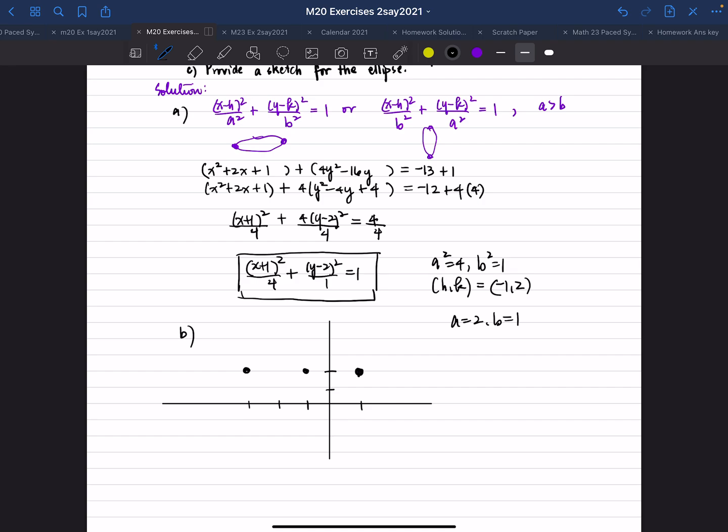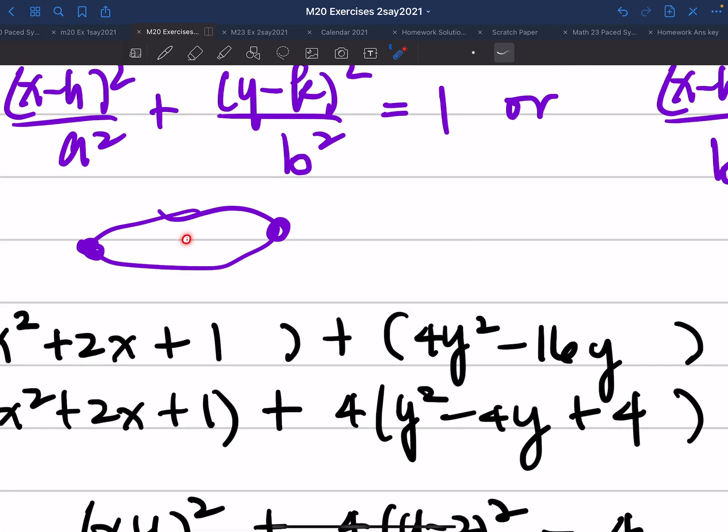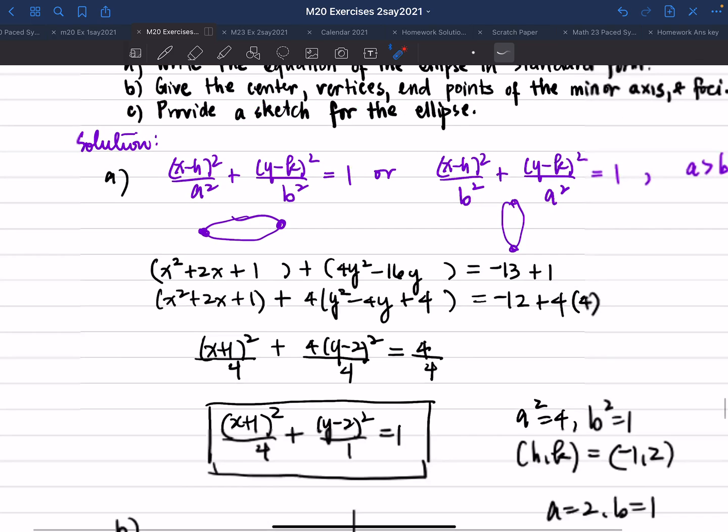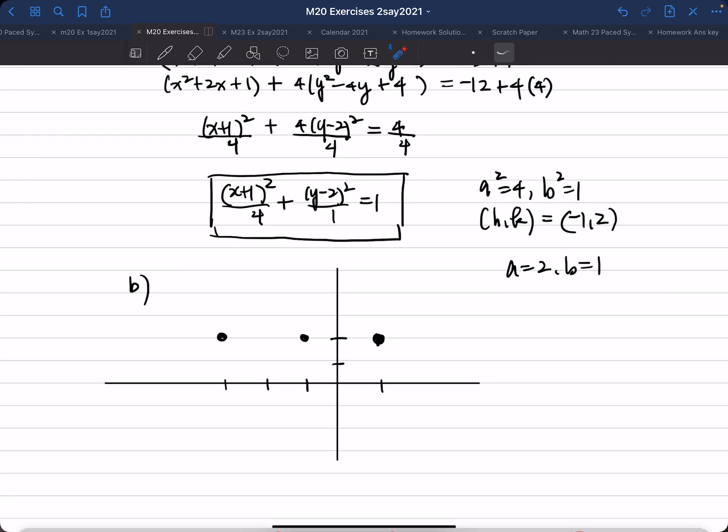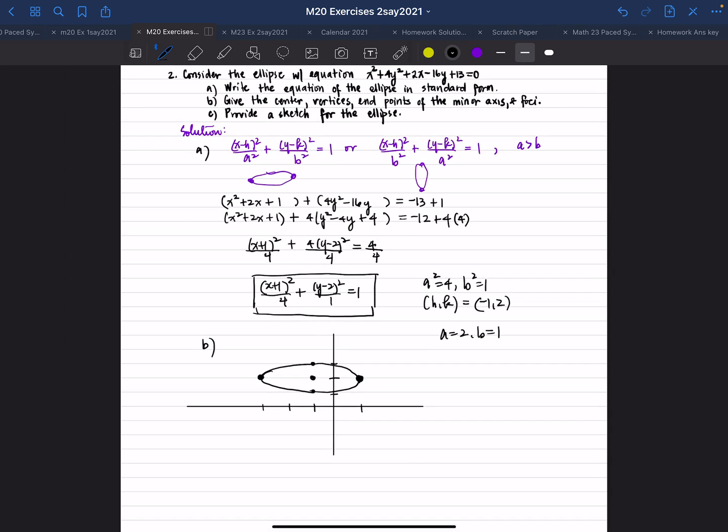And then 1 unit vertically. Kasi from center to the end of the minor axis, that is B. And in this case, your B is 1. 1 unit upward, 1 unit downward. So this is an ugly ellipse. Hala.